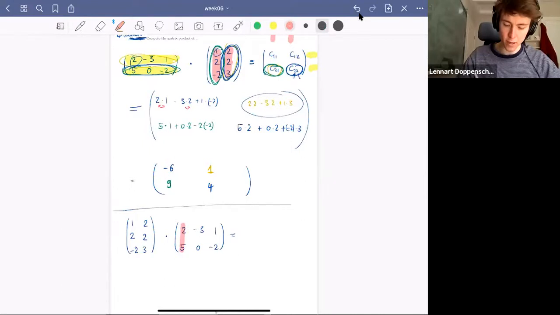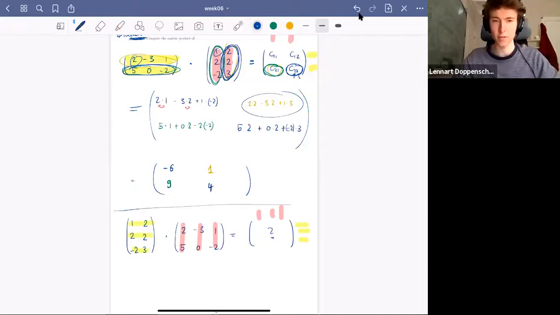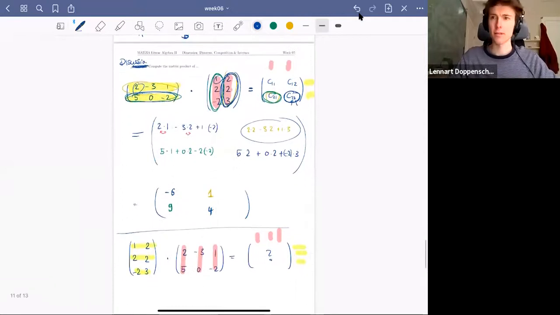Notice now we have 3 columns in the second, and we have 3 rows in the first matrix. So this would be, yes, indeed, a 3 by 3 matrix, and it would be completely different numbers in the matrix. I'll just leave it as an exercise for you to go through this and compute this. Any questions?